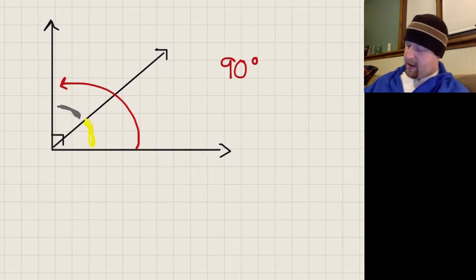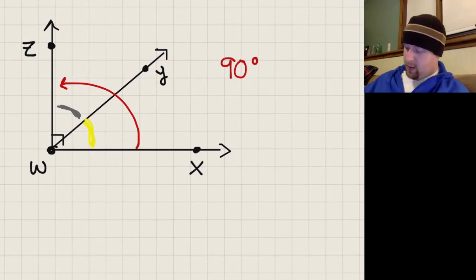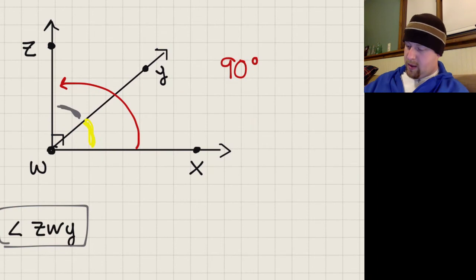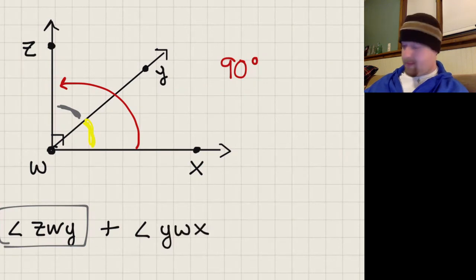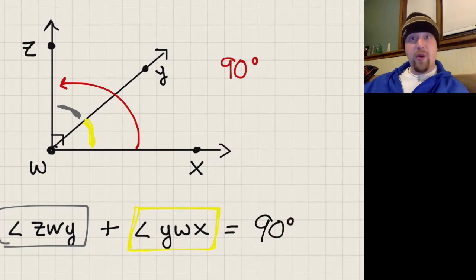So if I were to label this angle, we'll call it W, X, Y, and Z. So angle ZWY, which is our gray angle, ZWY, when added to angle YWX, which is my yellow angle, has to equal 90 degrees.